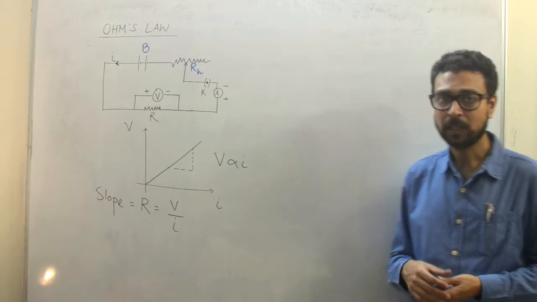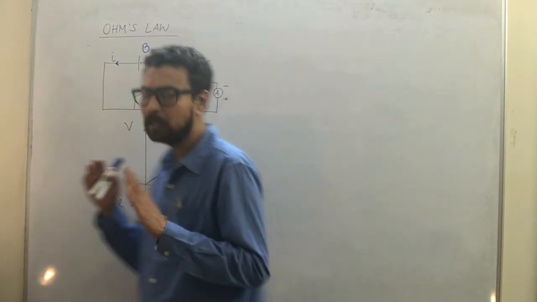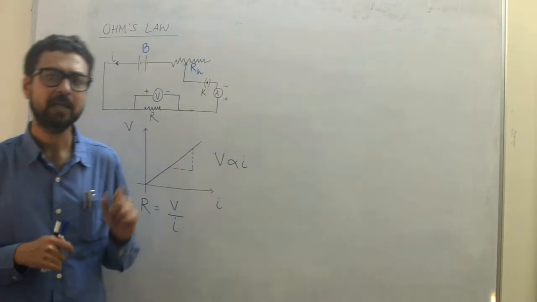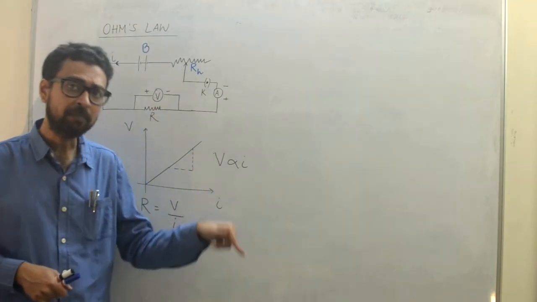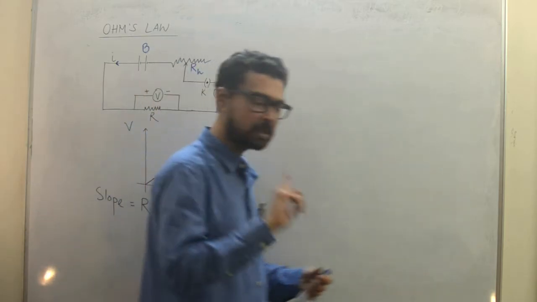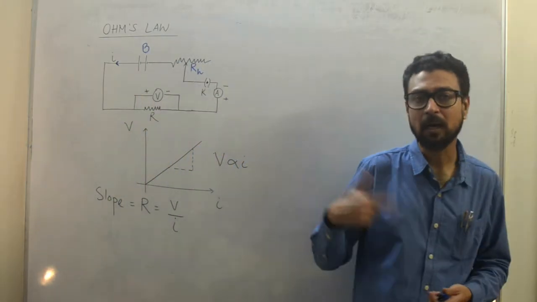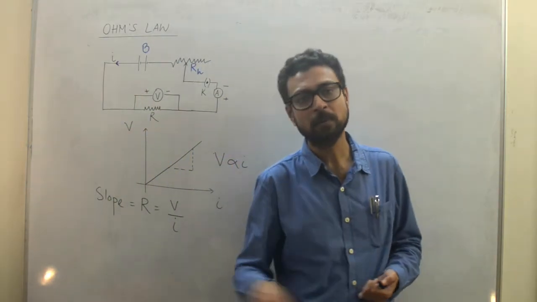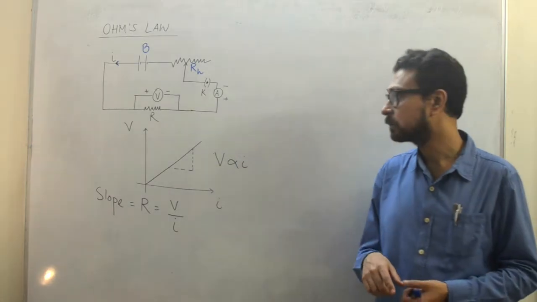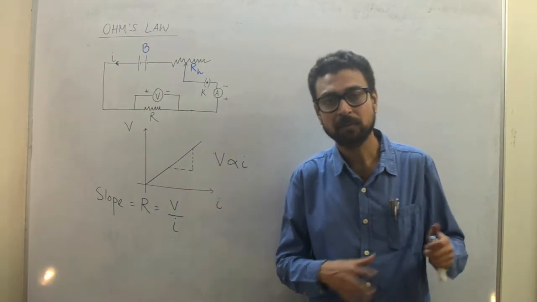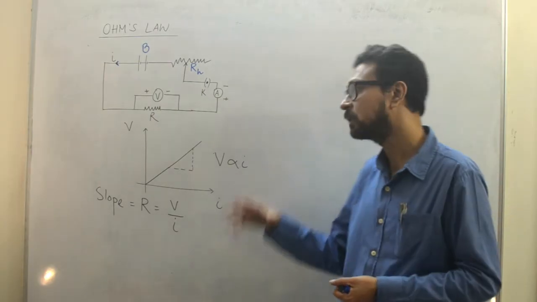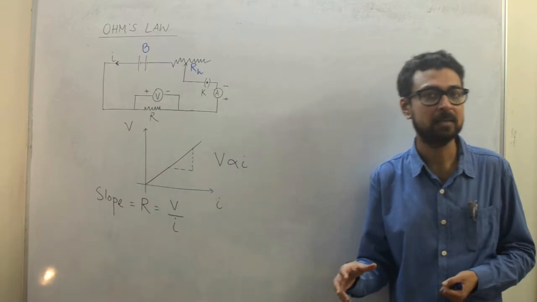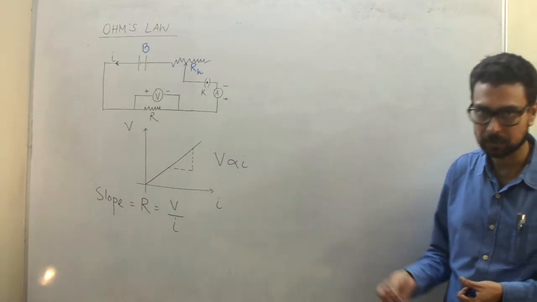But practically what happens, in Ohm's law we already have this phrase that temperature and other physical properties remain constant. But when current flows through a resistance, the temperature does not remain constant, because due to the electron drift, the temperature increases within the conductor. You'll see that all electrical appliances get heated up after a certain amount of use.